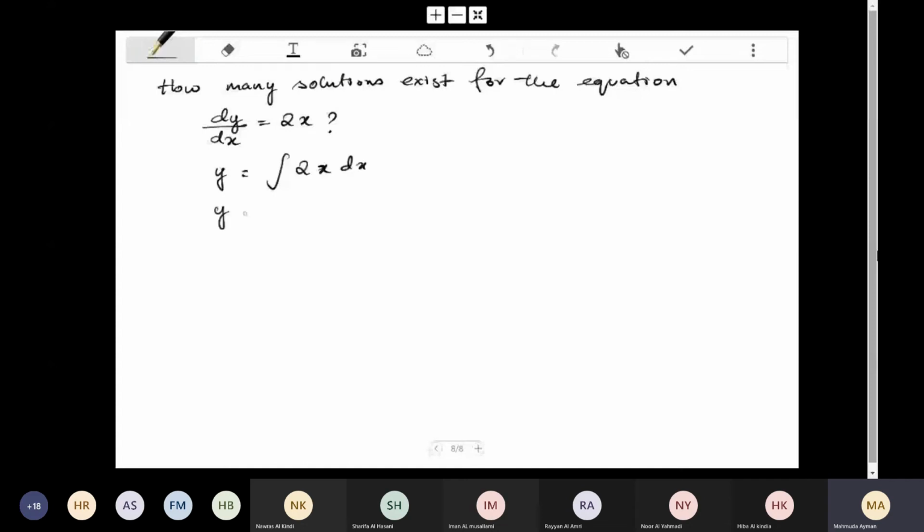Using the power rule, we have 2 above, so 1 plus 1, divided by 2, and therefore the 2s cancel and we have x squared and some constant c here.